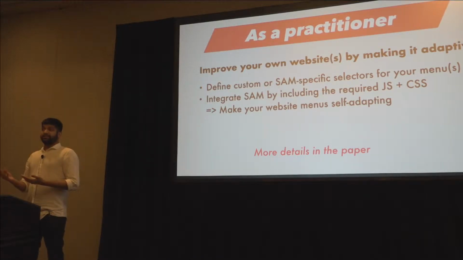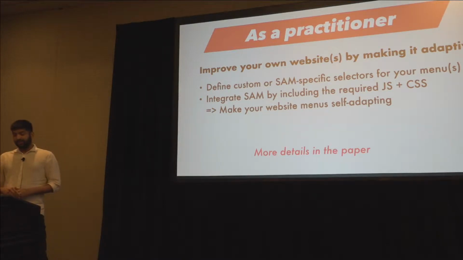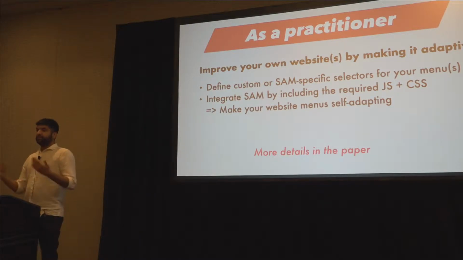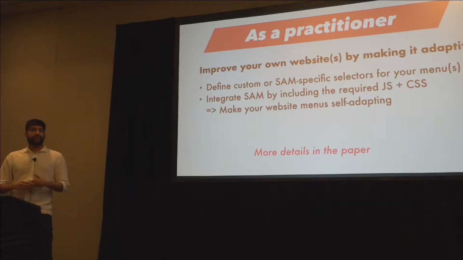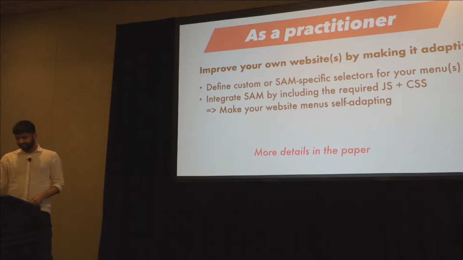Next, as a practitioner, if you're developing a website and you see that you have several menus or one complicated menu which you wish to make adaptive for the user, you could also easily do that. You would basically define which menu you want to adapt, specify the elements of that, and just add the SAM code to the back end. And with that, you could quite quickly and easily make your website completely self-adapting.